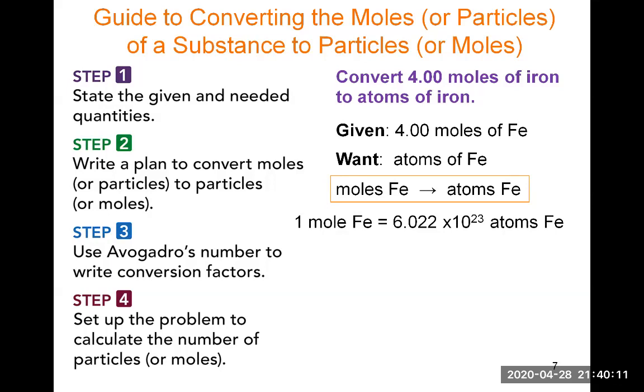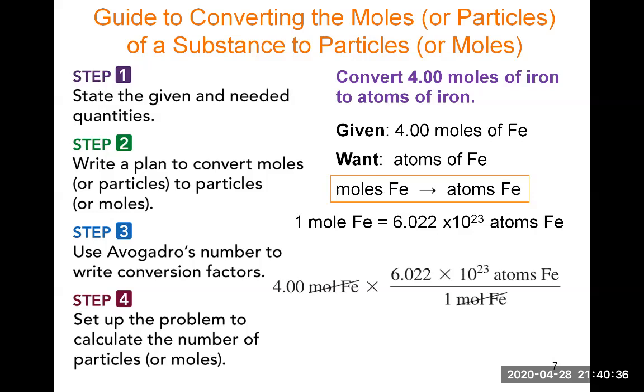So using this equality, we can write two conversion factors, and we have to decide which one we will write here. Because you start with moles of iron, you will want to cancel moles. And so you will want moles in the denominator so that you cancel the starting unit. So the problem when you write it completely looks like this. You always start with the given amount.